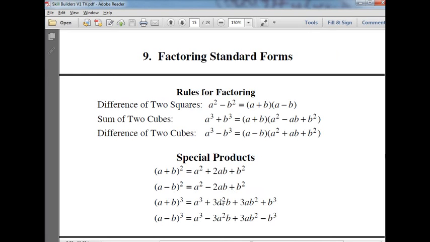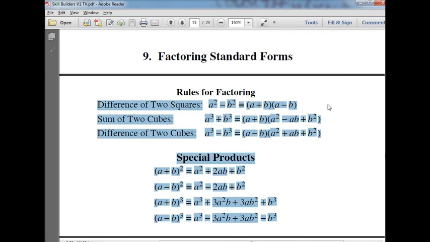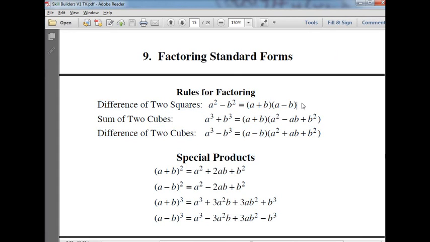Difference of two squares: a squared minus b squared is a plus b times a minus b, yes?